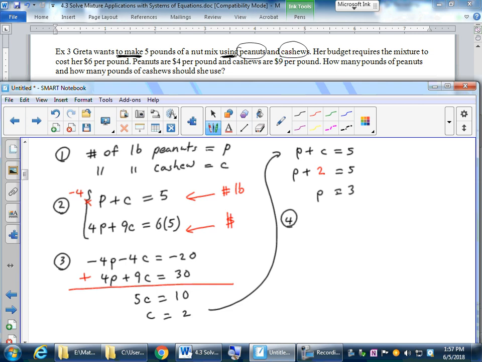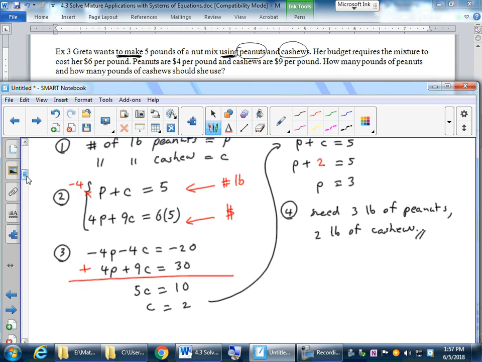Interpretation, I should say that she needs 3 pounds of peanuts and 2 pounds of cashews. And that will be the final answer for the third example.